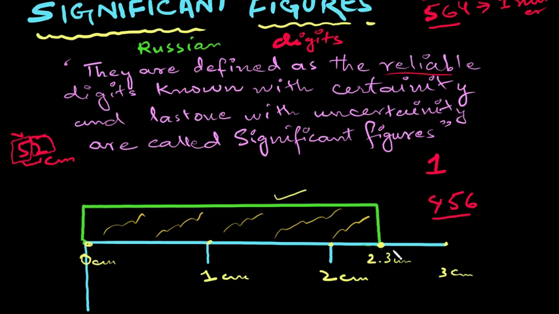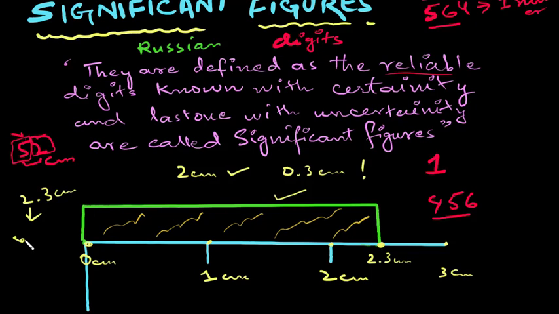While in this measurement, I'm sure about 2 centimeter, but not about 0.3 centimeter. So I can say 2 centimeters is sure and 0.3 centimeter is not sure. So together I can write the measurement as 2.3 centimeters, in which 2 is known with certainty.